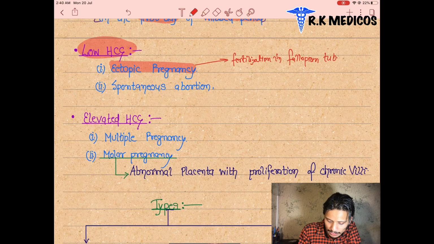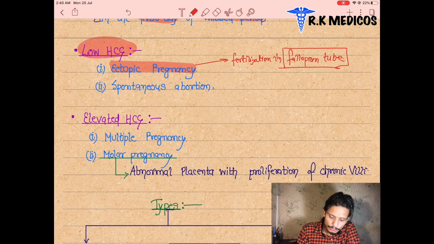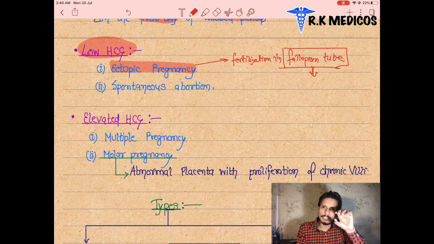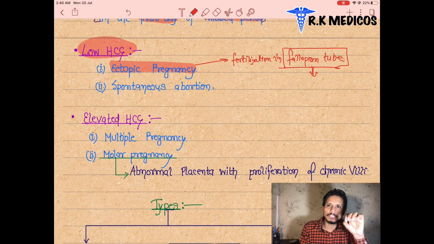Suppose the fertilization happened in the fallopian tube, which we already discussed in the second part, so you can go and watch. Here the tube diameter is smaller, so the embryo does not come into the uterine cavity and instead grows inside the tube. The Syncytiotrophoblast, the outermost layer of the developing embryo, does not develop much, so its secretion is very low and it does not produce much HCG.